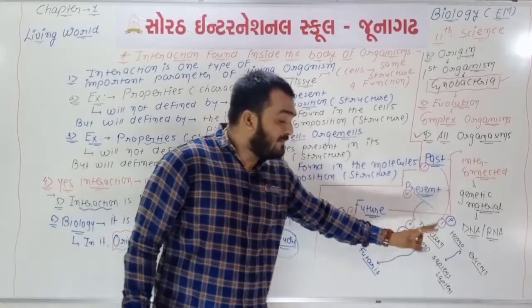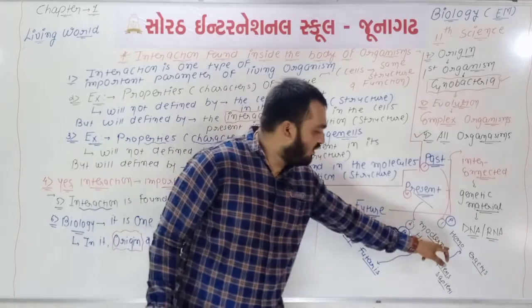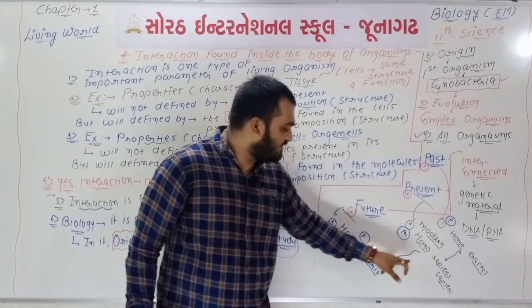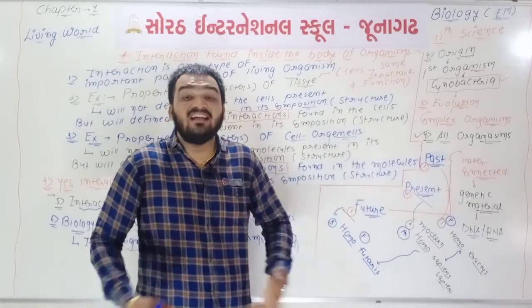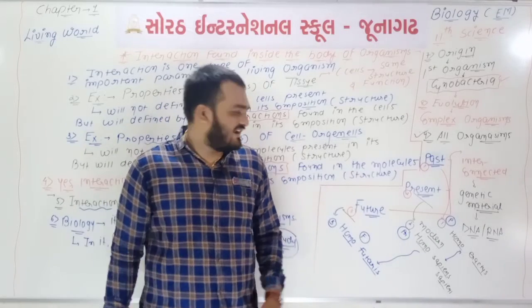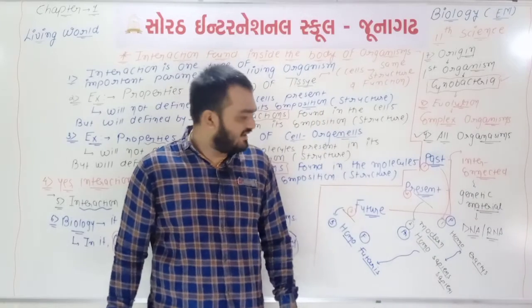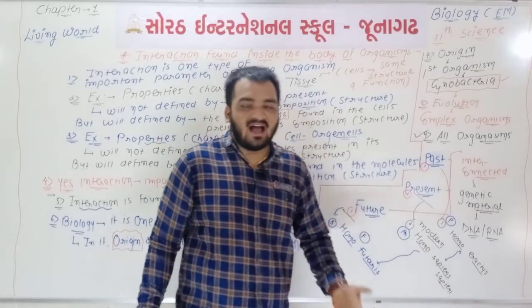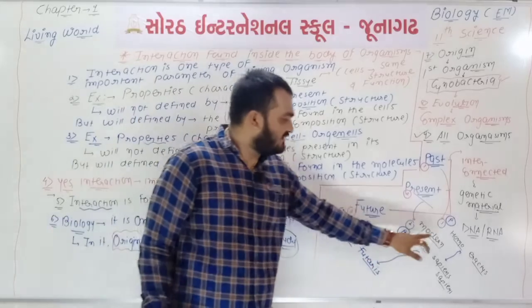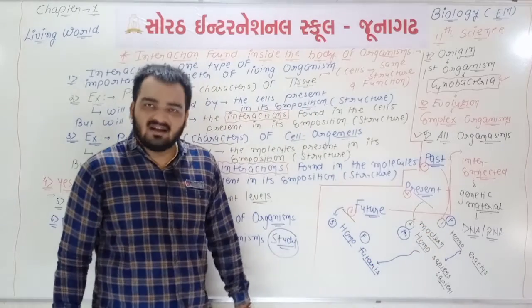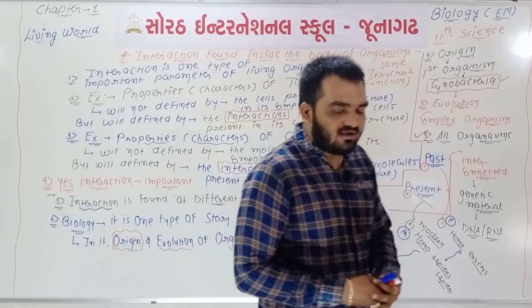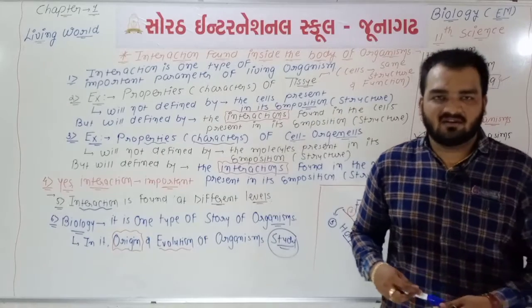The important thing is that all these past, present and future species are interconnected with each other with the help of genetic material, either DNA or RNA. For humans, only DNA is present as genetic material. So today's question is 100% completed.